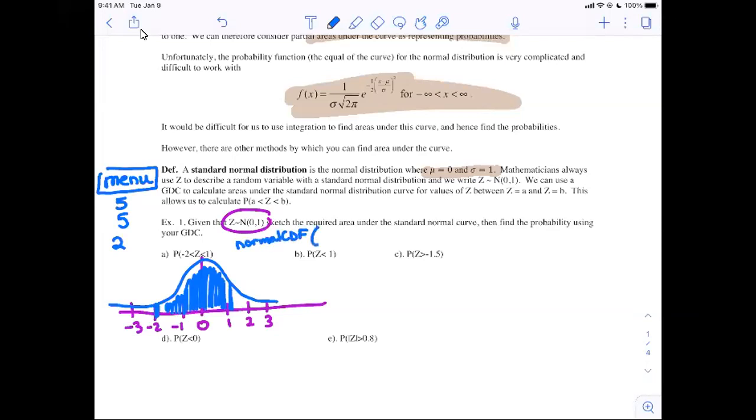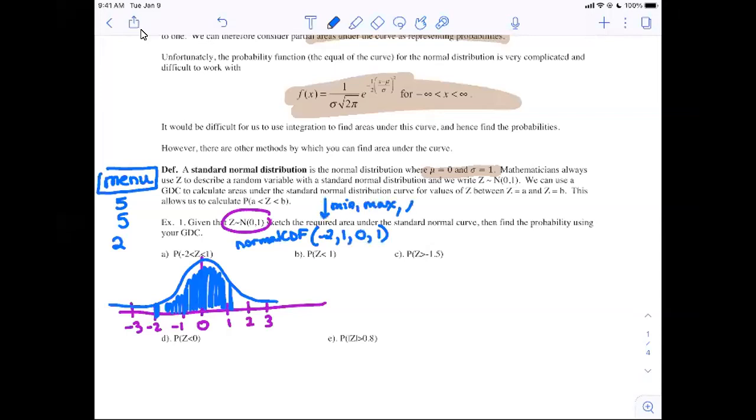So then you're going to put in -2, 1, and now this will be able to change, but for now it is a standard normal distribution. So the mean is 0 and the standard deviation is 1.